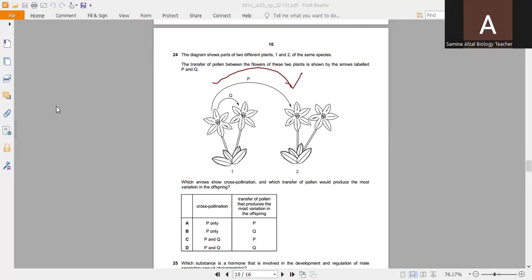So it is P, cross-pollination. And the transfer of pollen that produces the most variation in the offspring is again P, from one plant to the other plant. So in this way there will be variations.